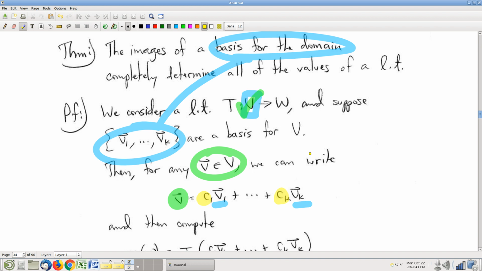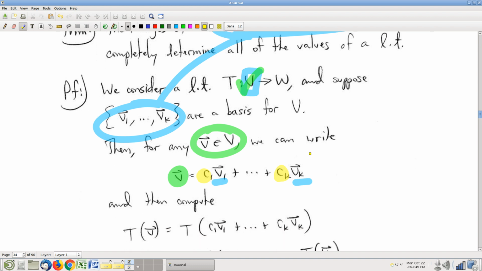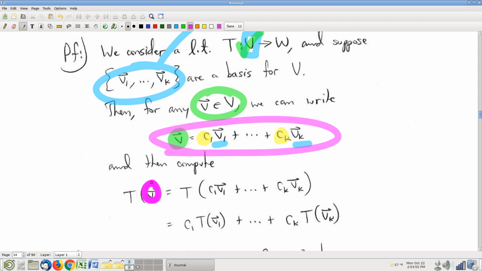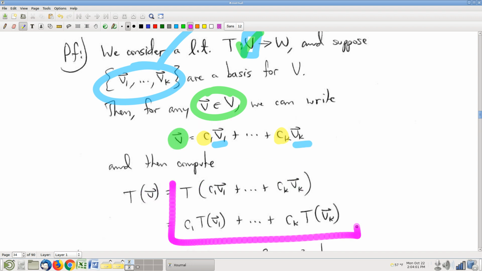Okay. Well, by linearity, because this is a linear transformation, I can take this vector, being as it is a linear combination, and apply the linearity.